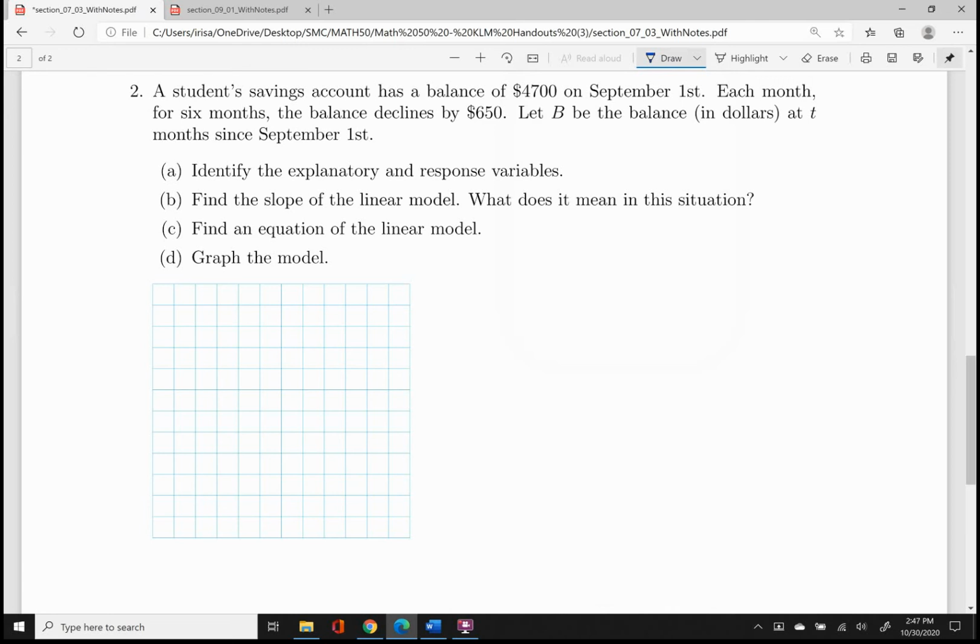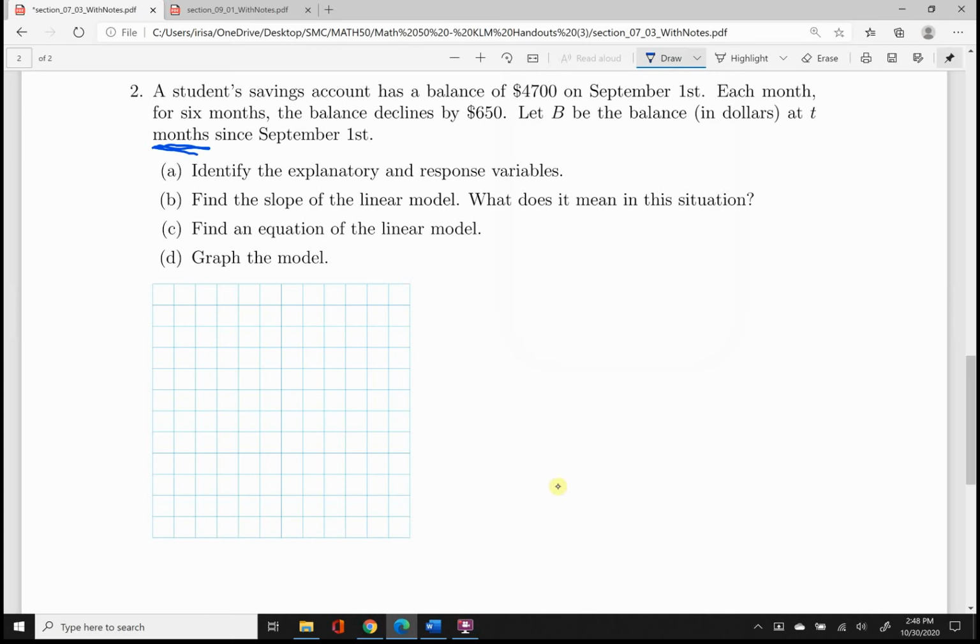Okay, so this means we're taking out $650 every month, so the slope is going to be negative. The slope is essentially this negative $650 because that is the rate of change. That is the change that is occurring at every time step. And the time step here is in months. You'll want to note that right there.